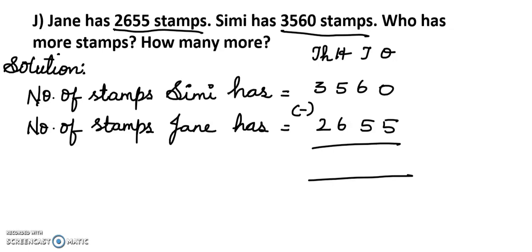So 0 minus 5. Listen children, from the ones place we have to subtract. We can't subtract 5 from 0, so we have to borrow from the tens place. So 6 becomes 5, 0 becomes 10. 5 after: 6, 7, 8, 9, 10. The answer is 5. Next, 5 minus 5. If you subtract the same number, what will you get? 0.